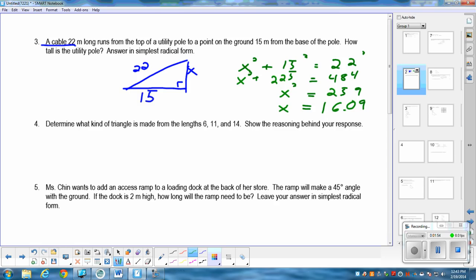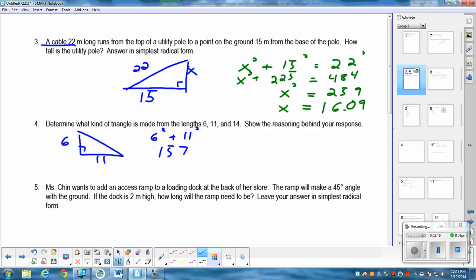Number 4, we have lengths of a triangle. We know that if this triangle were a right triangle with legs 6 and 11, then the hypotenuse squared would be 6 squared plus 11 squared. 6 squared plus 11 squared, my calculator tells me, is 157.